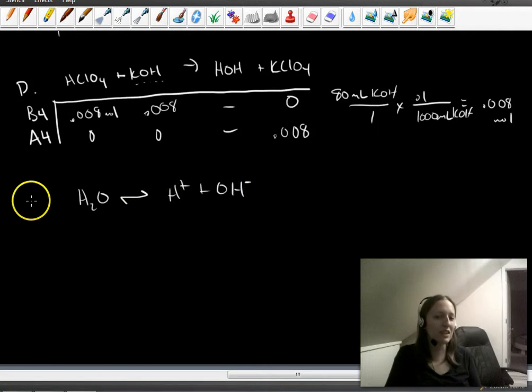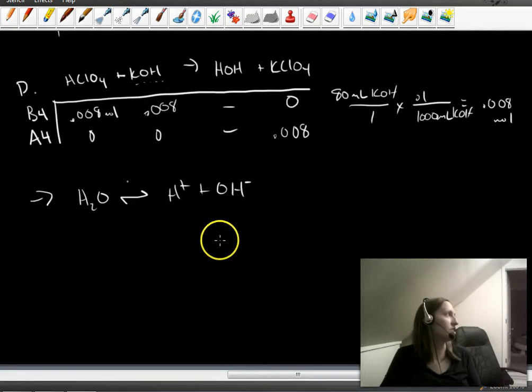This equilibrium is always present and in the background. And so if your strong acid and base give up and are no longer there, this is what is driving the pH now.